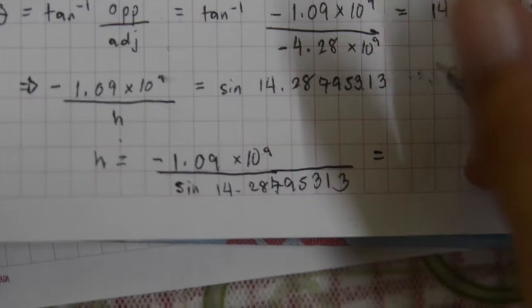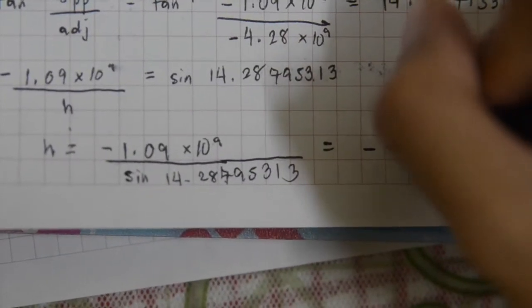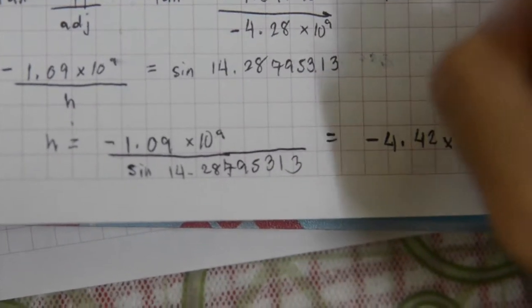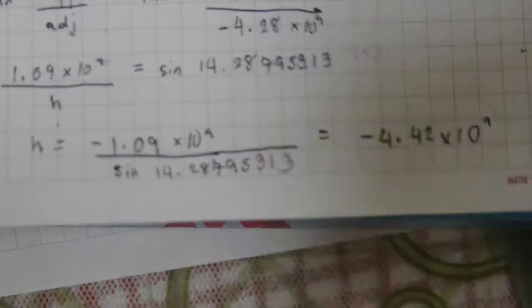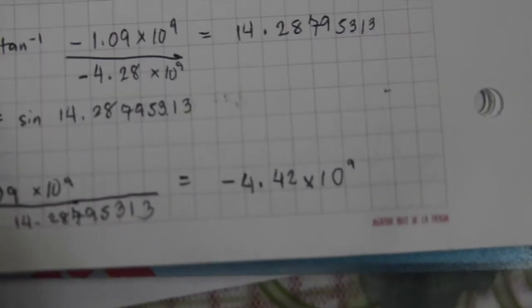So then let's simplify that, and we will get the answer of negative 4.42 times 10 to the 9th. So this is now our answer.